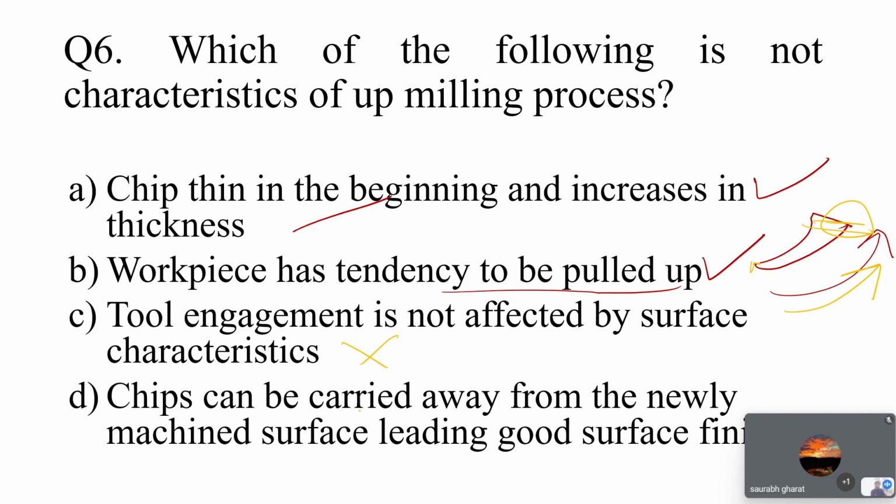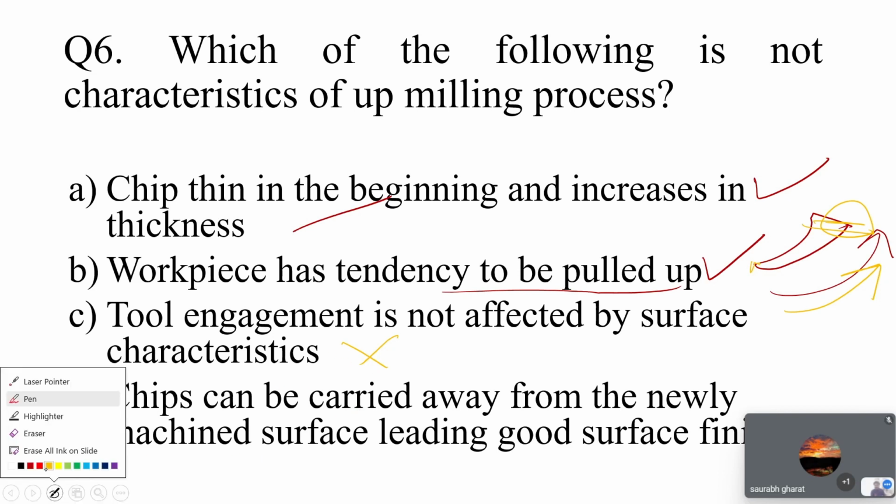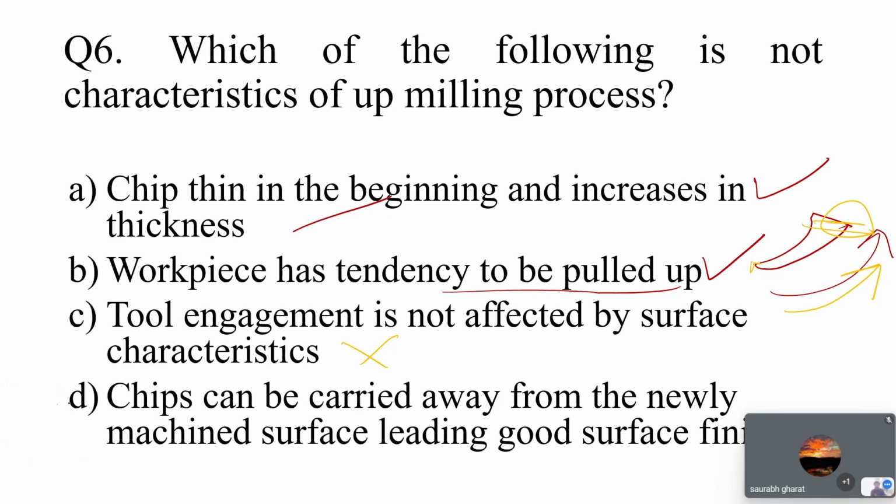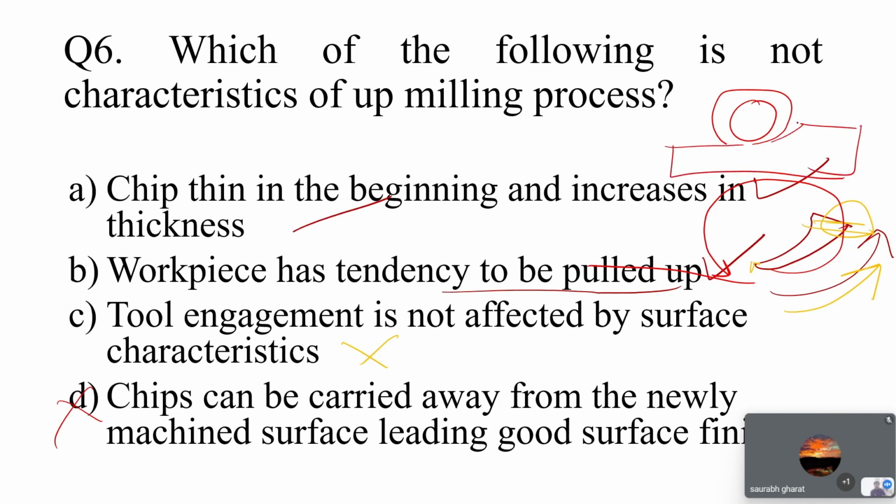Chip can be carried away from the newly machined surface, leading to good surface finish. This is wrong, because in up milling the chip can fall down on the newly machined surface, like that. So carrying the chip away, leading to a good surface finish, is wrong.